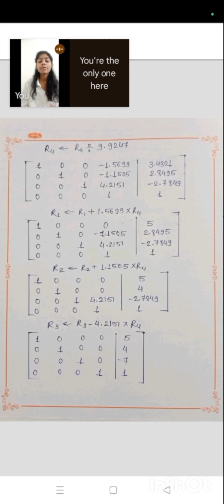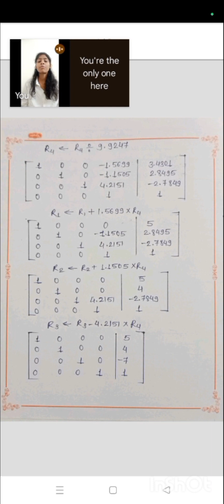In column 4, R1 value is minus 1.5699 plus 1.5699 into R4 value 1, so the plus and minus will be 0. In column 5, R1 value is 3.4301 plus 1.5699 into R4 value 1, so the answer will be 5. Okay, and we write R2, R3 and R4 values as they are here.